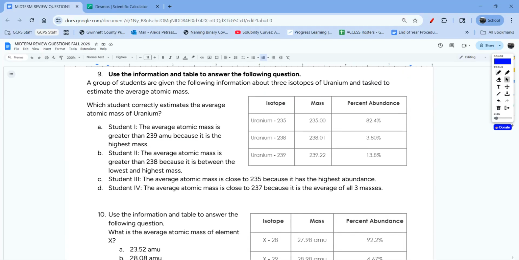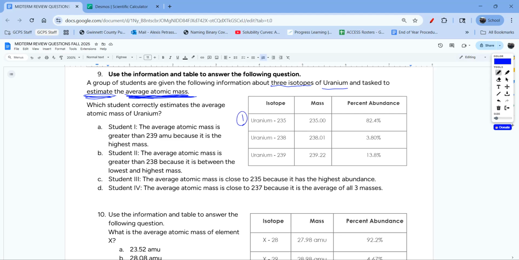Okay, this one looks scary, but there's easy ways around the scariness. So it says, a group of students is given the following information about 3 isotopes of uranium and tasked to estimate the average atomic mass. So you might think you have to do some math, but we can actually figure this out without having to do math.